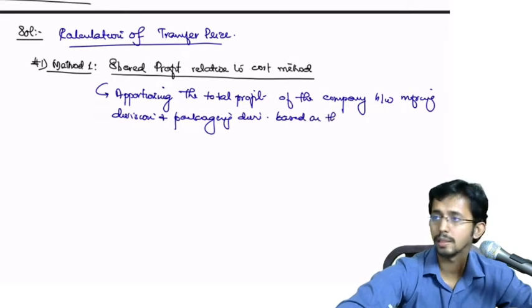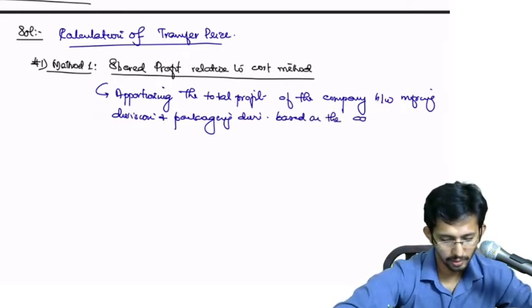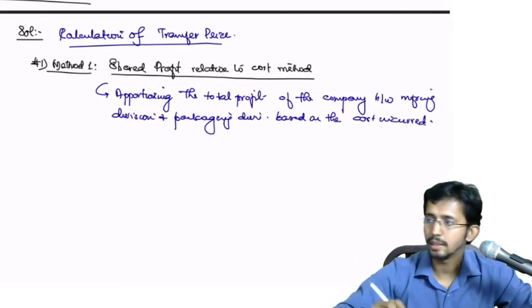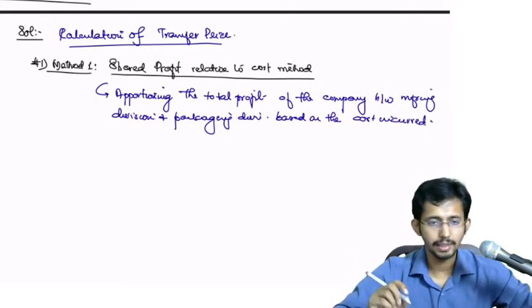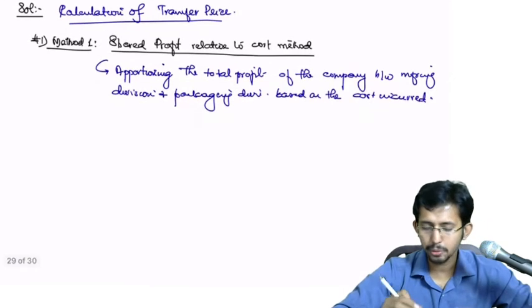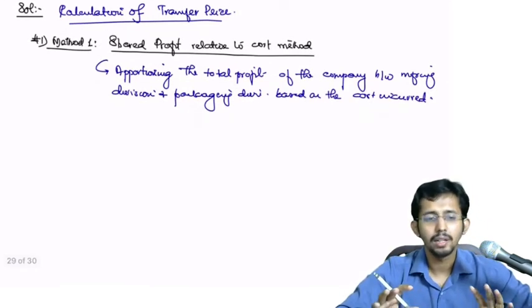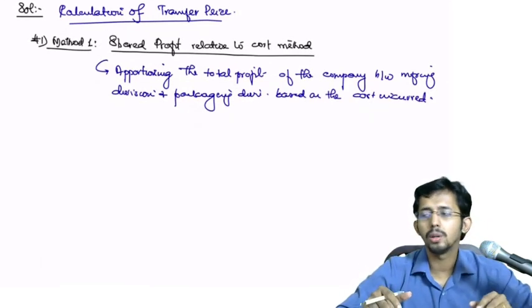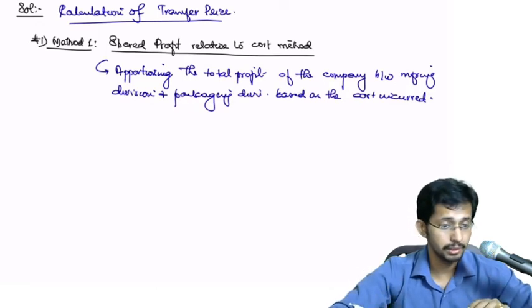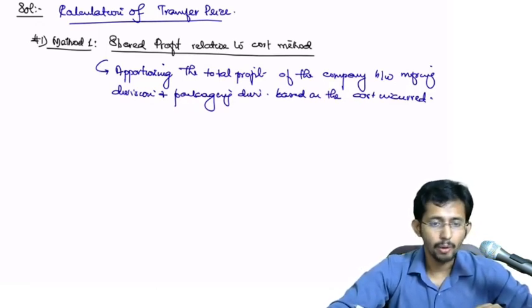Based on the cost incurred. Is it clear? Yes. Now we have two levels of volume here. One is 5,000 units and the other one is 8,000 units. Okay, so the profit has to be computed.